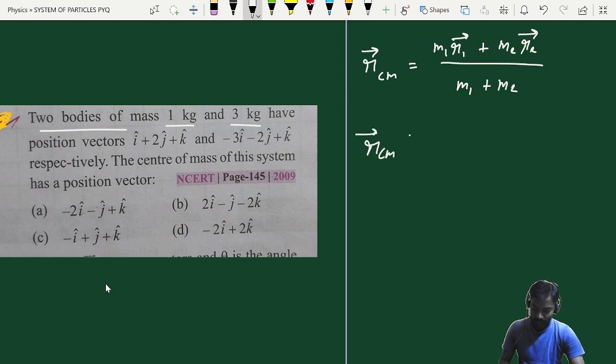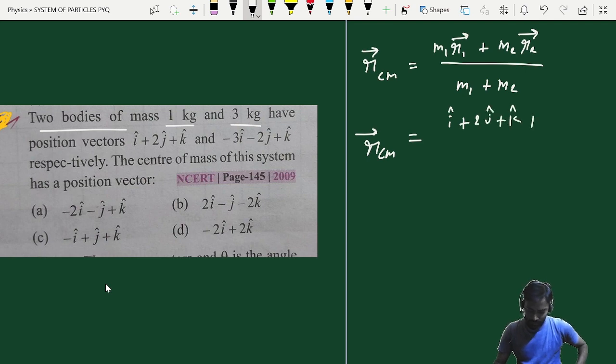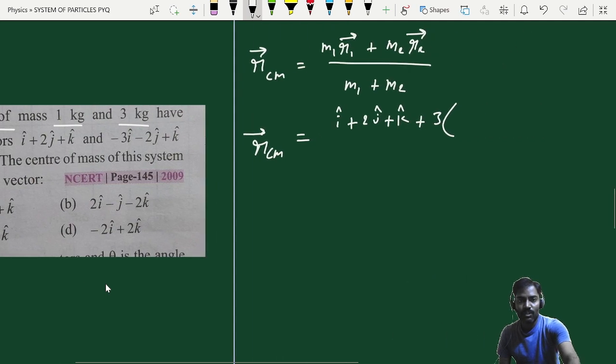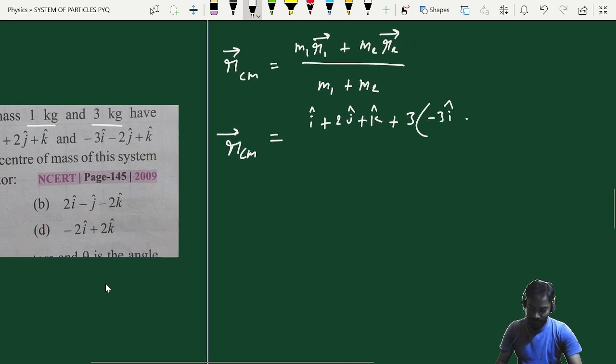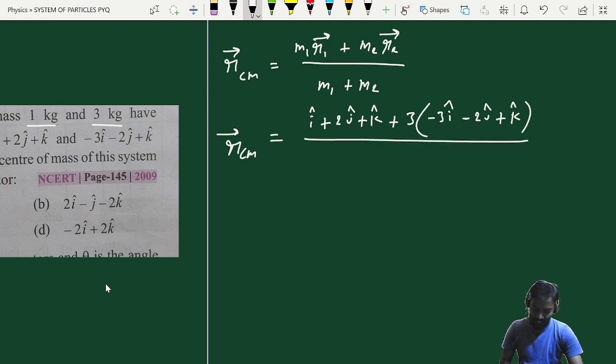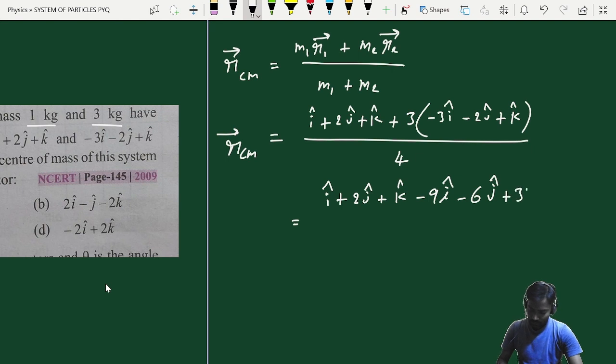So RCM bar is equal to m1 is 1, so i cap plus 2j cap plus k cap, plus m2 is 3 into minus 3i cap minus 2j cap plus k cap, divided by the total mass, 1 plus 3, 4 kg. So i cap plus 2j cap plus k cap minus 9i cap minus 6j cap plus 3k cap by 4.